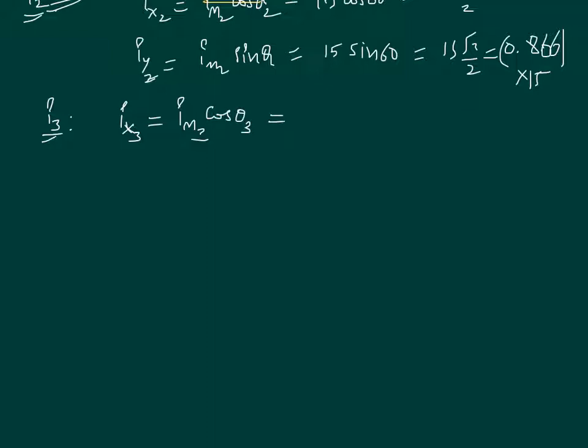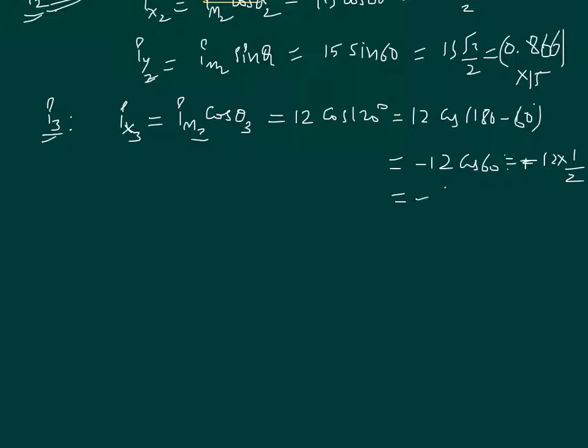Maximum value of third current I3, 12 cos 120 degrees. 12 cos 120 degrees equal to 12 cos of 180 minus 60 degrees, we can write, that equal to minus 12 cos 60, that equal to minus 12 into 1 by 2, that is minus 6, okay.